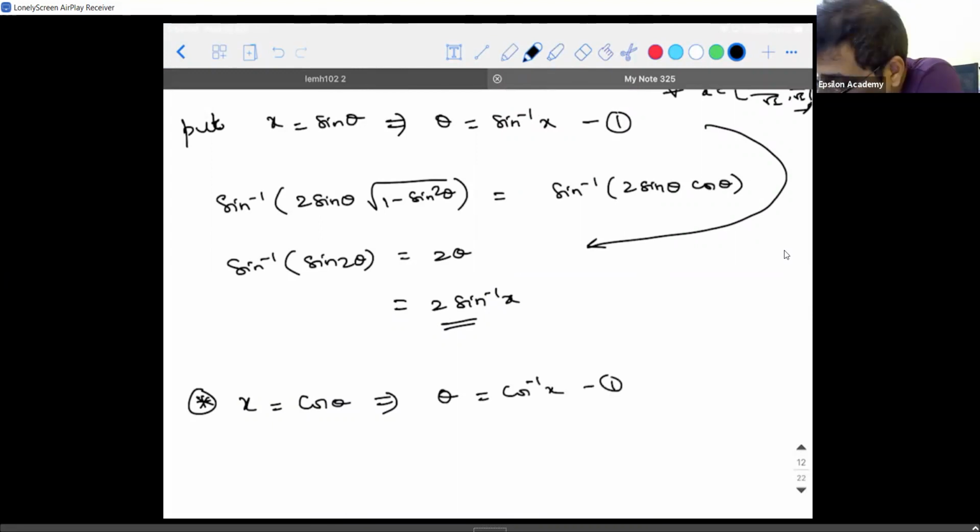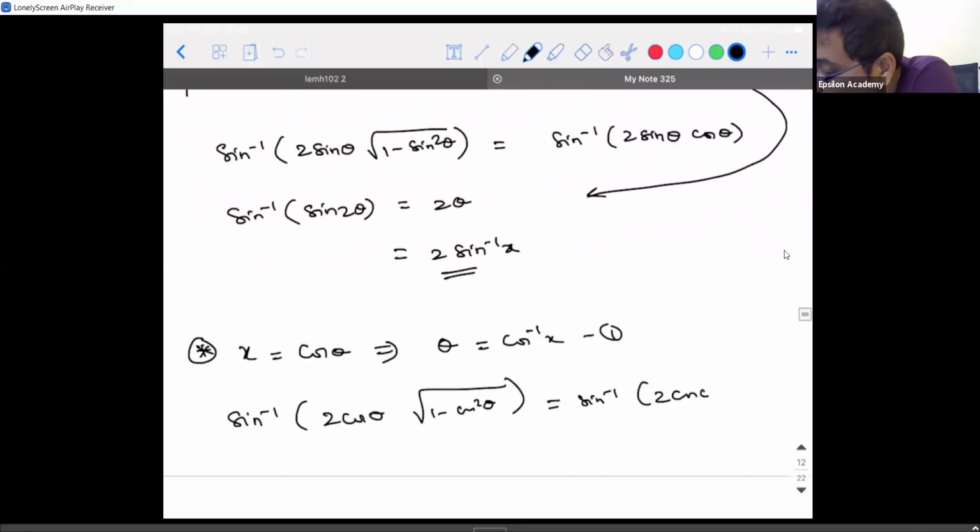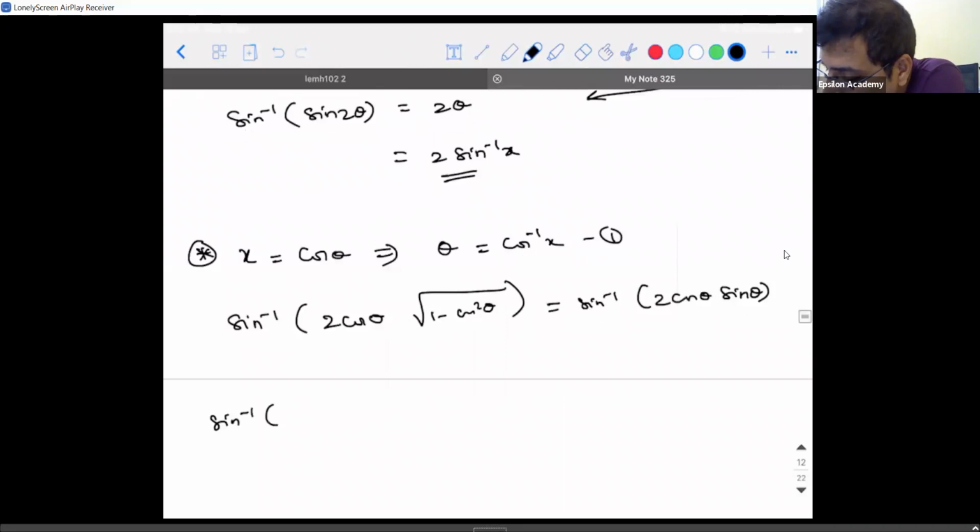Let that be equation number 1. So sine inverse of 2 cos theta into root of 1 minus cos square theta. How much is that? Sine inverse of 2 cos theta into sine theta. So sine inverse of sine 2 theta will be 2 theta. So it is 2 cos inverse of x.